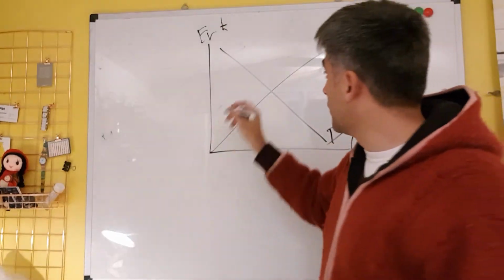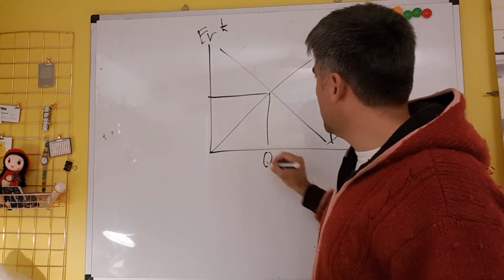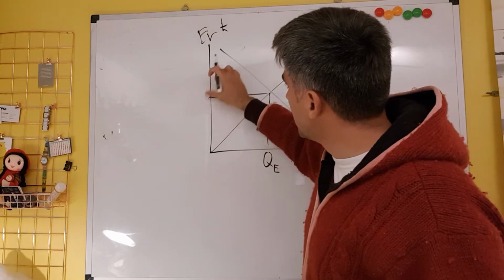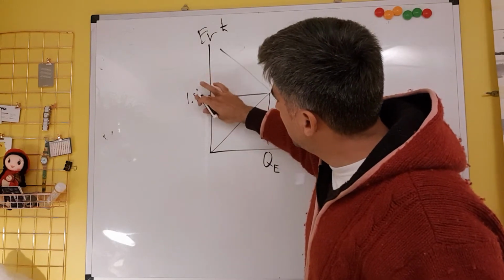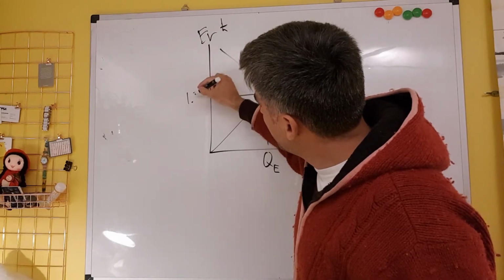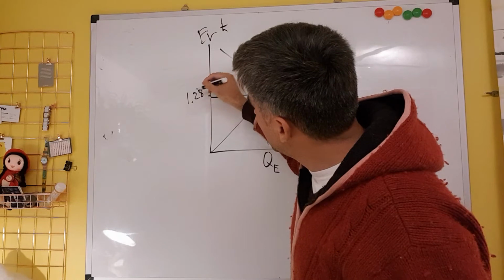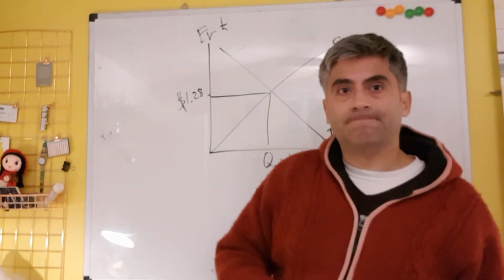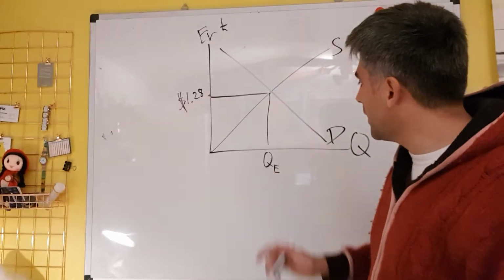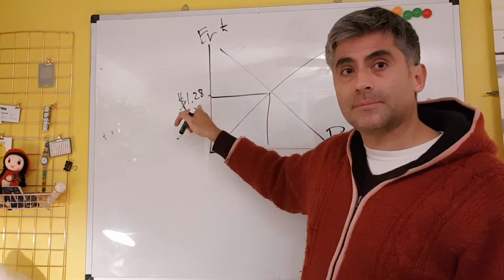So we have our equilibrium point here, QE. This is the exchange rate. Let's say at the moment it is $1.28 US dollars. That is the current equilibrium. So with that, we have a certain level of exports and imports at that particular price.